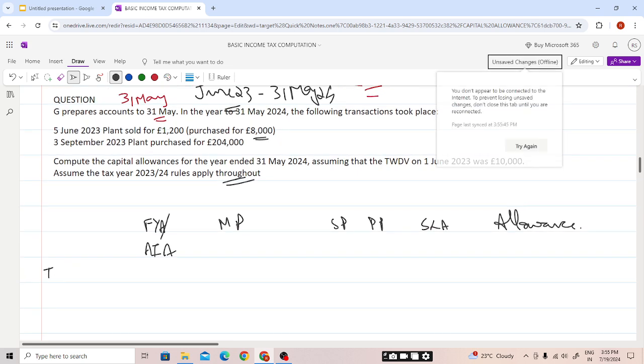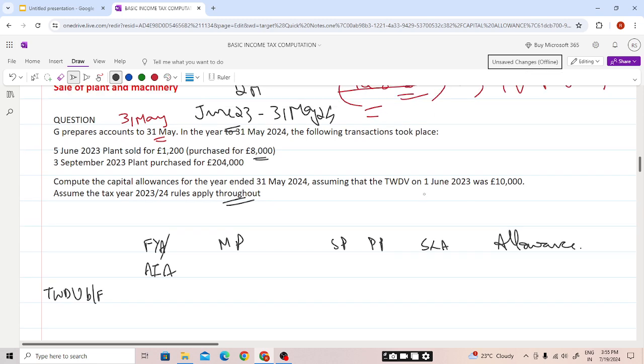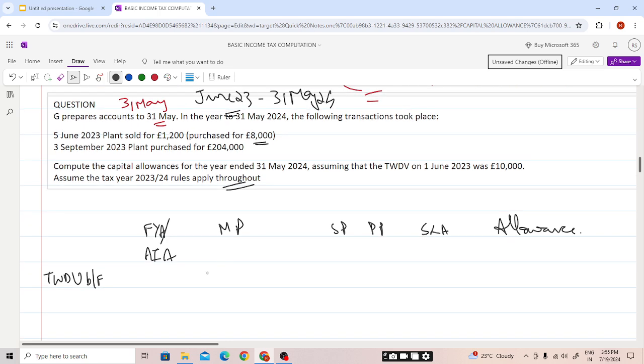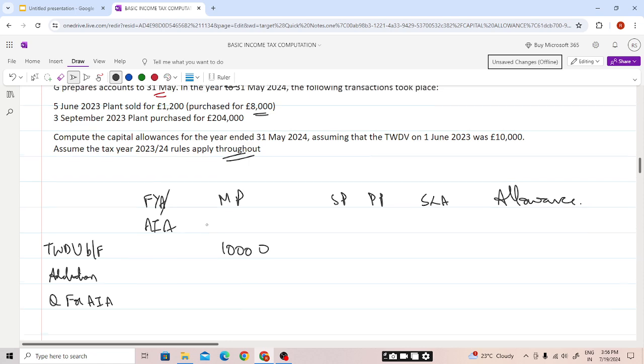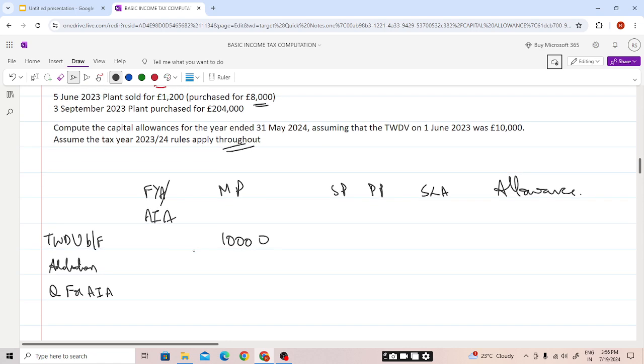Now the tax written down value brought forward, students, was 10,000. Nothing is mentioned, so it is the main pool, the general pool. Then additions qualifying for AIA. Students, AIA is available for each 12 month period. They have purchased a plant, so this will qualify.